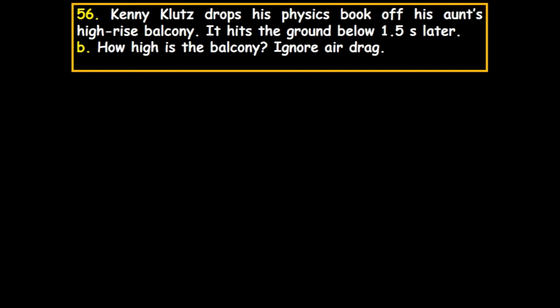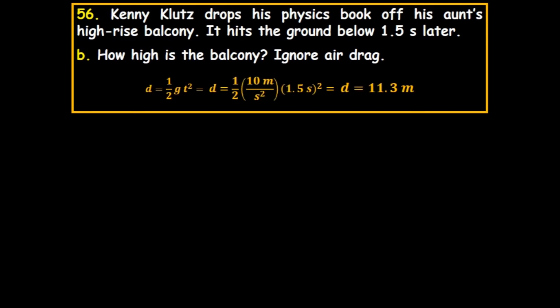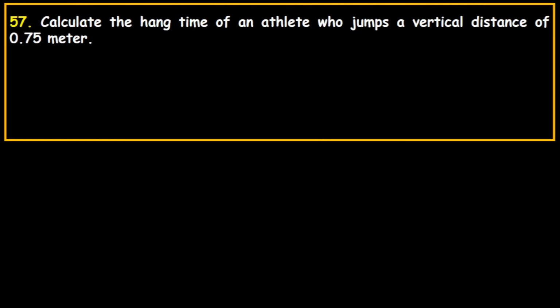It's starting from rest, and that v naught is 0, so that first term will cancel. So you're left with d equals 1/2 gt squared, and that's going to be 11.3 meters. Don't forget to square the 1.5. Don't forget it's half the 10, half of g, and then multiply it by 1.5 squared, and in this case, it's 11.2.